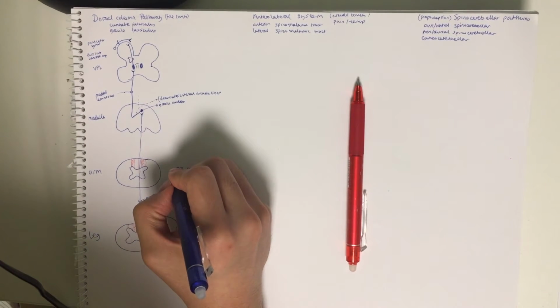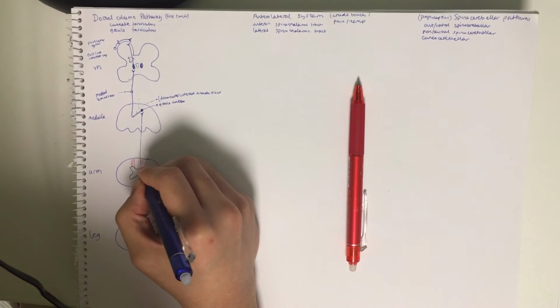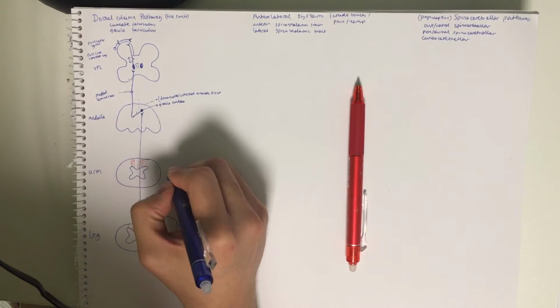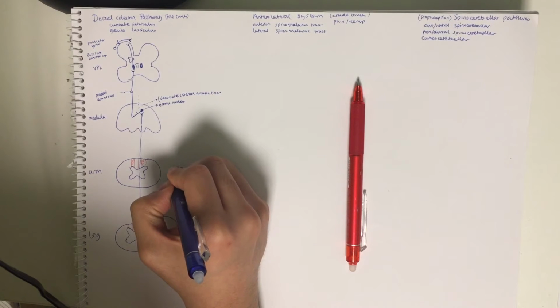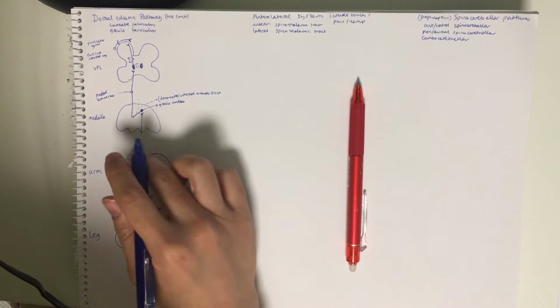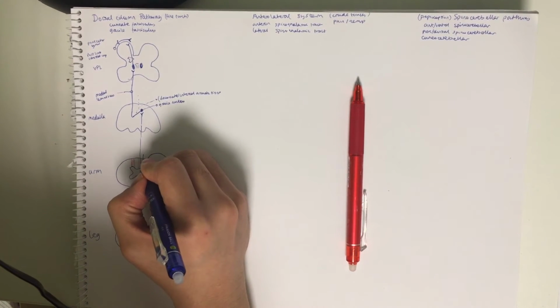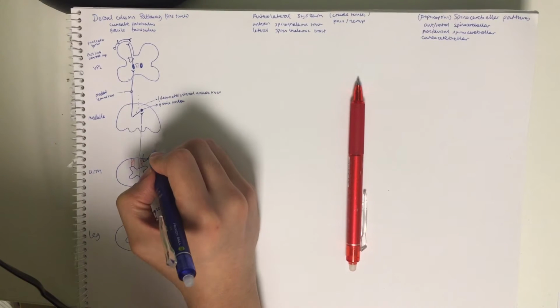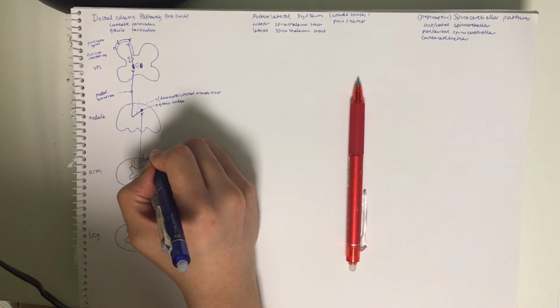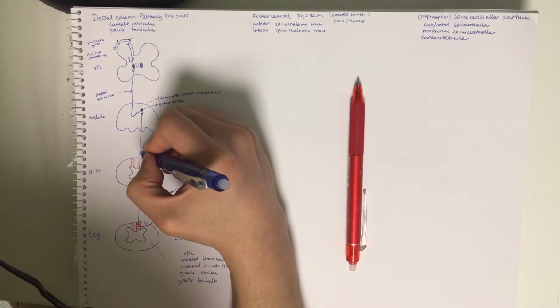Now for the upper limb, it's pretty much the same thing, except, as I said, the dorsal column is more lateral for the upper limb. So it goes in through the dorsal root, which is the back part of the spine. And once it goes in, it ascends up on the lateral portion of the dorsal column. This is the cell body of the first order neuron.